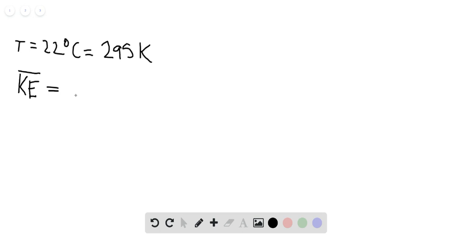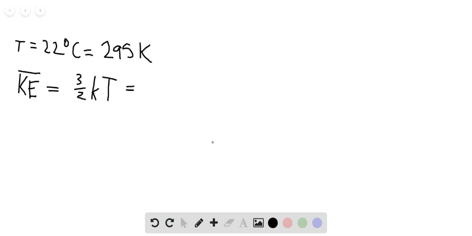And we know from the book this is equal to 3/2 times K, the Boltzmann constant, times temperature. So this K is different than this K. Here we have the Kelvin unit and here we have the Boltzmann constant.